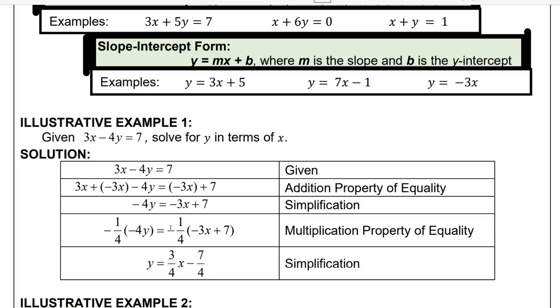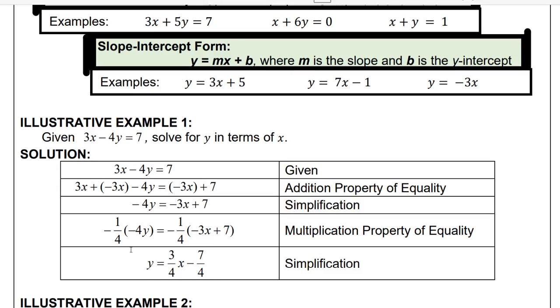Then we also multiply negative 1/4 on the other side. Negative times negative will become positive, 3x over 4, understood that there is a 1. So 1 times 3x over 4 is 3/4 x. Another, negative 1/4 times 7 is negative 7/4.